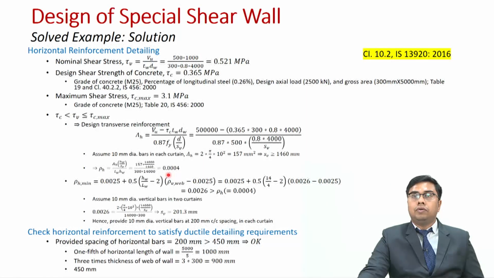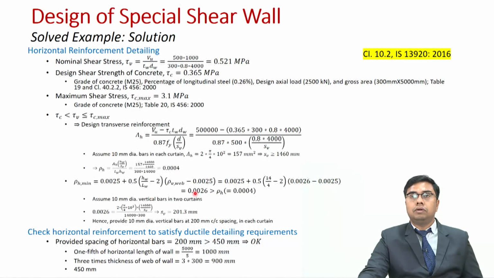So, this value of rho h comes to be 0.0004, and if you obtain the value of rho h minimum, the minimum steel that you can provide based on table 1 of IS 13920, then the value of rho h minimum comes to be 0.0026, which is much higher than this value of rho h required, that was 0.0004. So, we need to provide at least the value of rho h being equal to 0.0026.